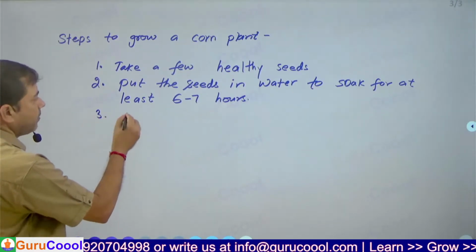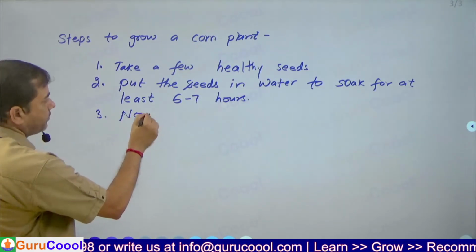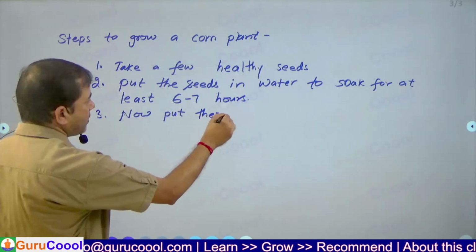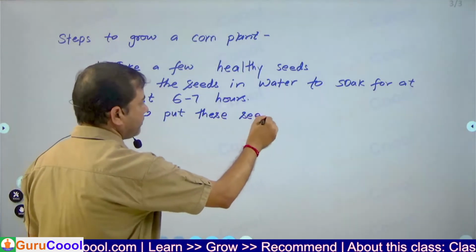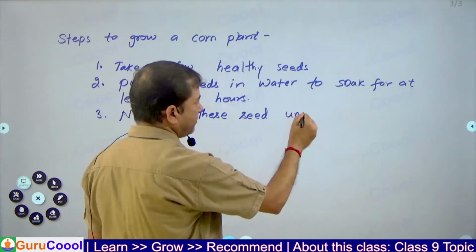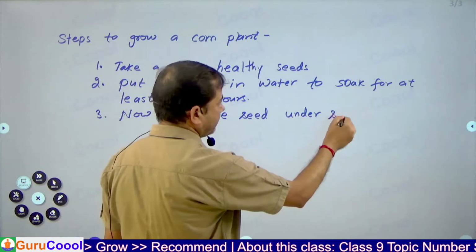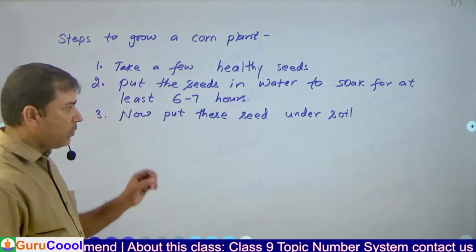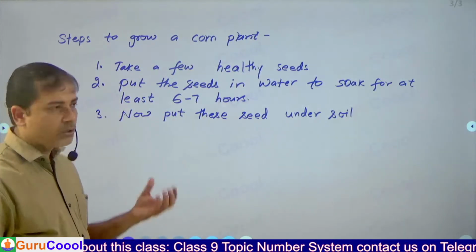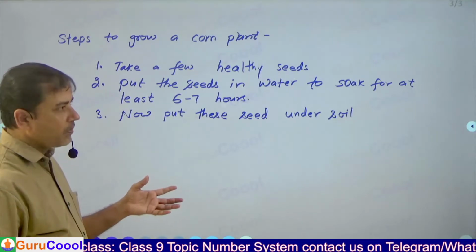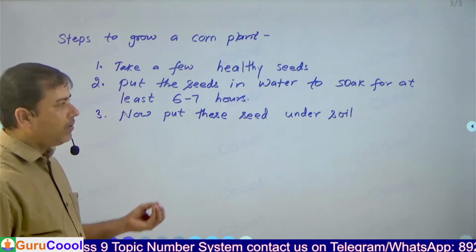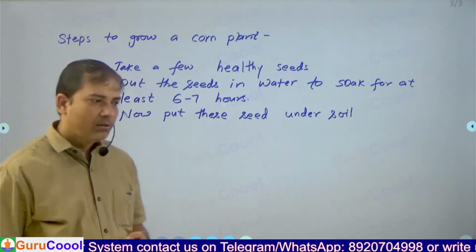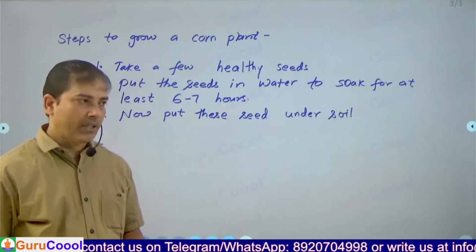Third step, now put these seeds under soil. At one place, a maximum of 2 to 3 seeds is okay. Why do we put 2 to 3 seeds? The reason is that we are not sure if each of them will germinate.